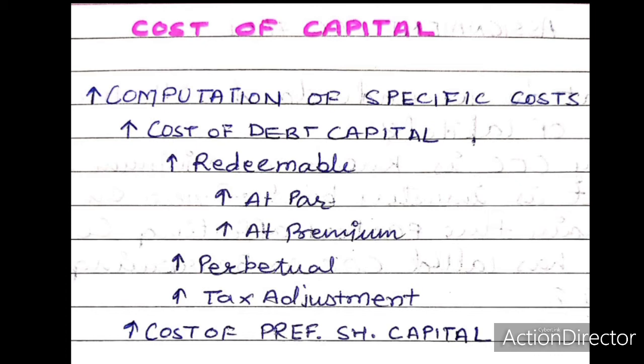When debentures are redeemable at par, the maturity value will be the face value or par value, and when redeemable at premium, the maturity value will be face value plus premium to be paid on redemption.